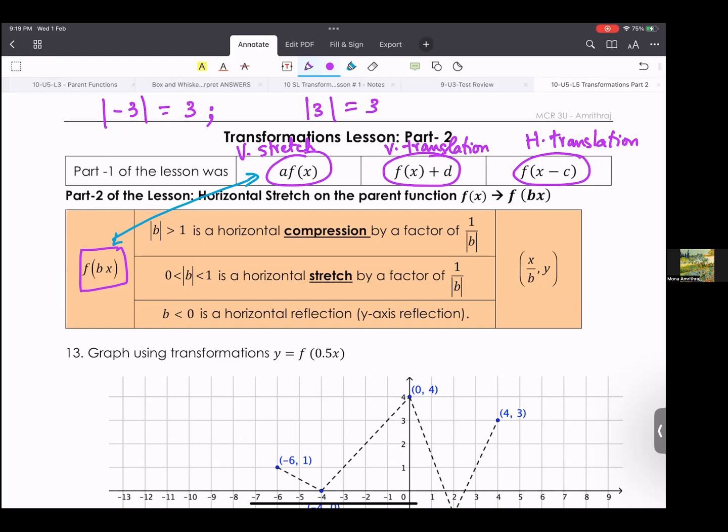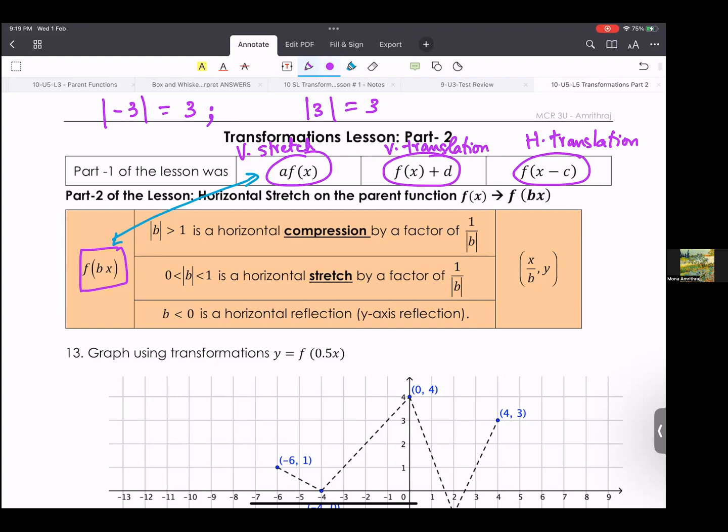So if you want to talk about a vertical compression, or sorry, a horizontal compression, we're going to look at the b value, the absolute value. Well, is it a value between 0 and 1, or is it a value which is bigger than 1? Okay, so that's what we're looking at. Now, in the last couple of classes, I've told you that the horizontal transformations always go counterintuitive, right?